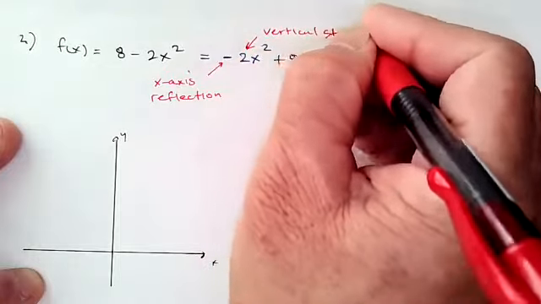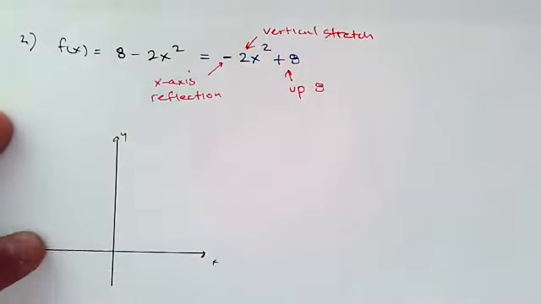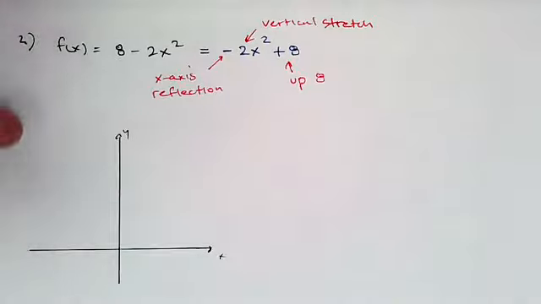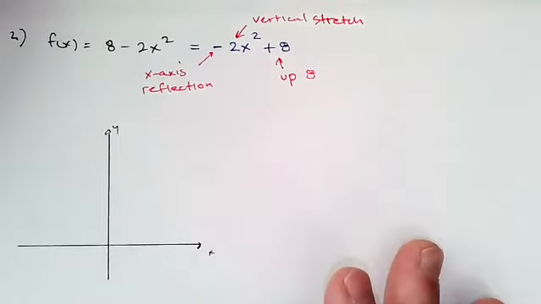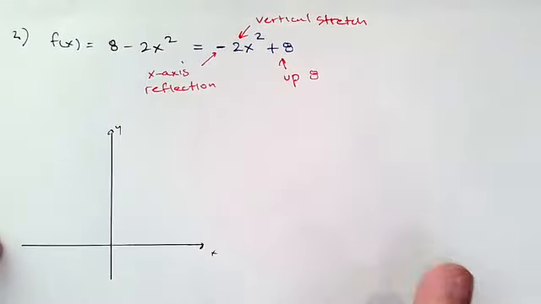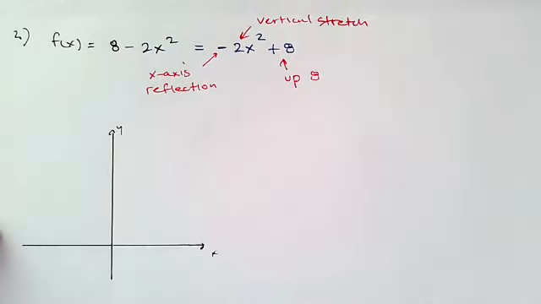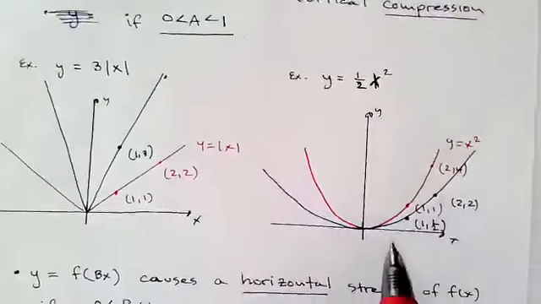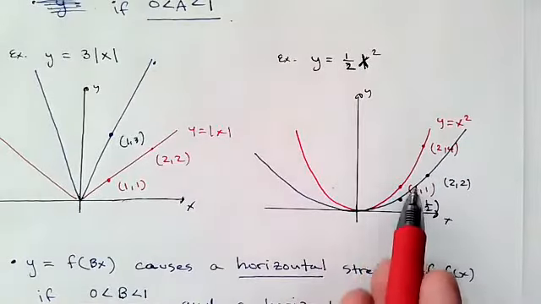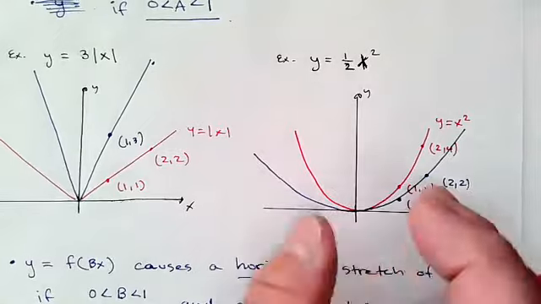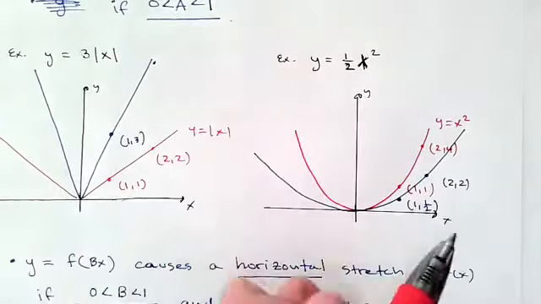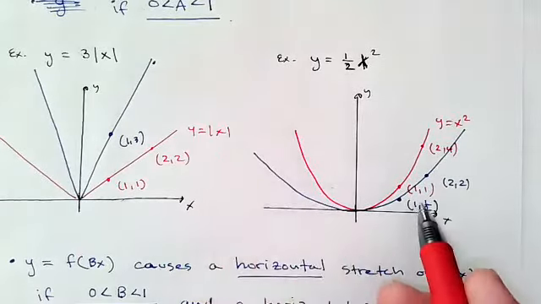Now, the thing with vertical stretches and compressions, and same thing with horizontal stretches and compressions, is it's built in there, but oftentimes you don't really see it. The only time you'd really notice a vertical stretch, let me go back to my notes here, is if you graph them together with their base graph, you'll notice that one of them is flatter or one of them steeper, but they have the same shape, right?